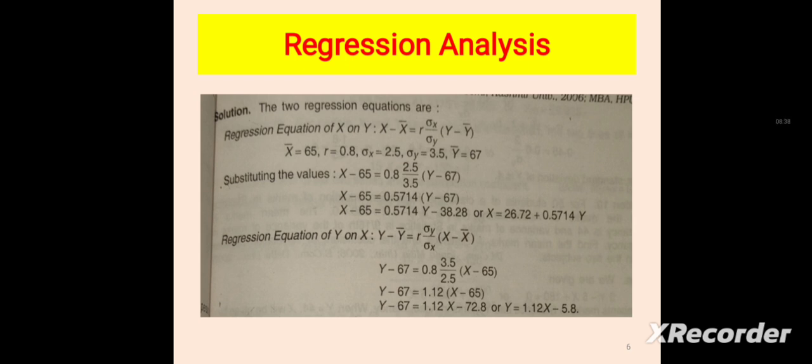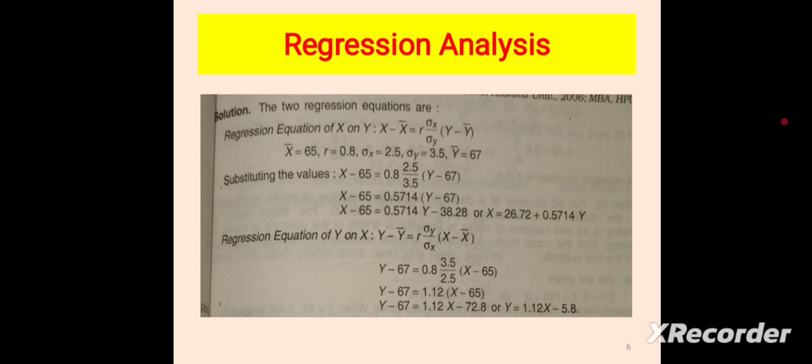The regression equation of x on y is x minus x bar is equal to r into sigma x by sigma y into y minus y bar. So x bar is equal to 65, r is equal to 0.8, sigma x is equal to 2.5, sigma y is equal to 3.5, y bar is equal to 67. X bar means mean of x, 65. R means correlation between x and y, that is r is equal to 0.8.